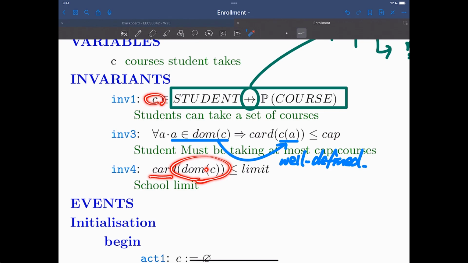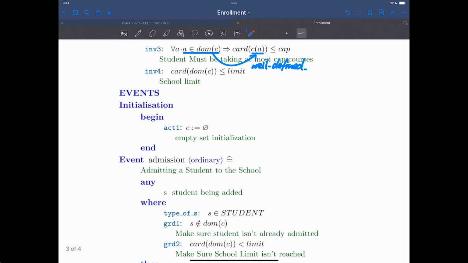That means how many students are there in the enrollment system. That will be subject to the limits of the school, how large the school can be. Other than that, initialization would just say initially an empty school to begin with. It's a very reasonable initial value for any function.